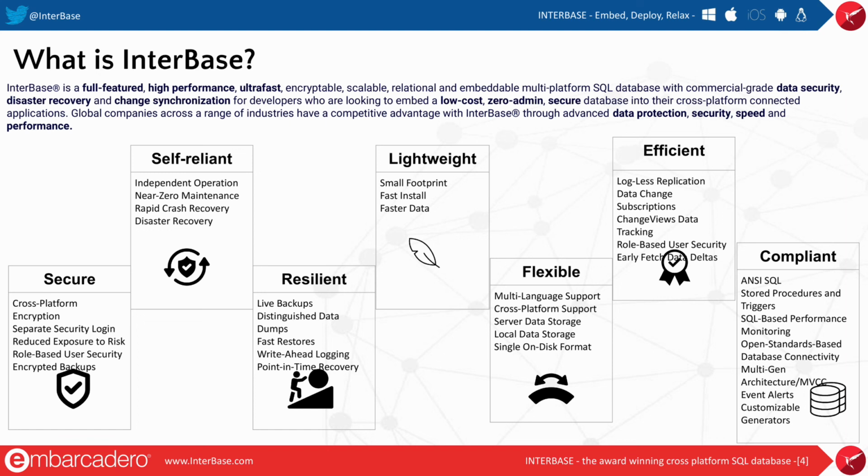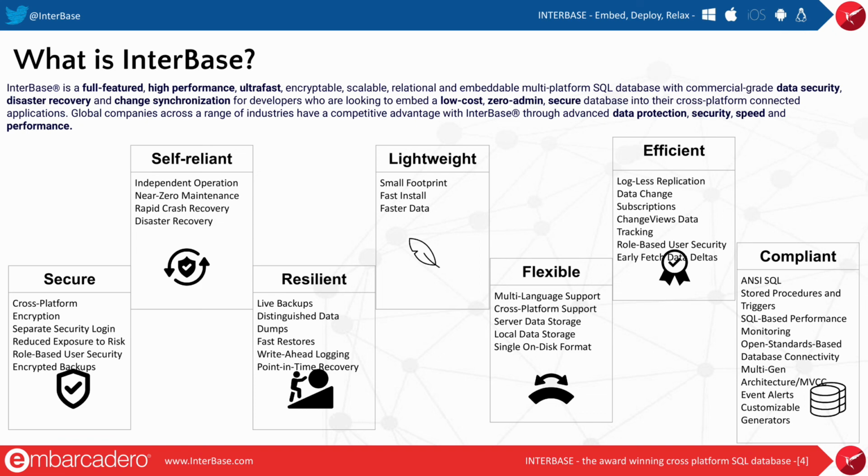And especially if you look at things like change views, more and more now we're seeing people spin a copy of InterBase up alongside their existing infrastructure, things like SQL Server or Oracle or other backend databases that are running their critical systems. And rather than replacing those, they're using InterBase alongside it to mirror data into InterBase to then be able to use the power of change views to fetch the delta changes over time for a large number of distributed clients.